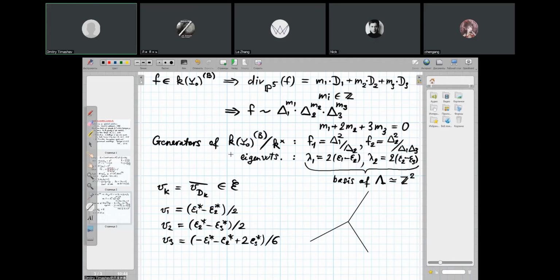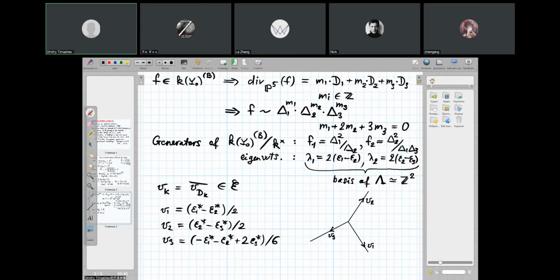So the vectors are these. For instance, this is V1. This is V2, and somewhere here we have V3.